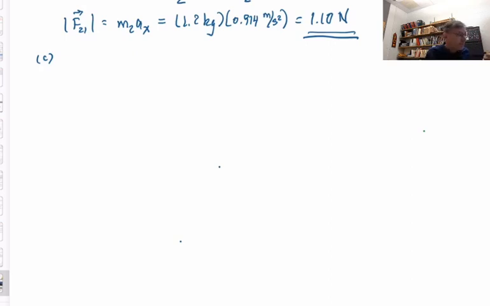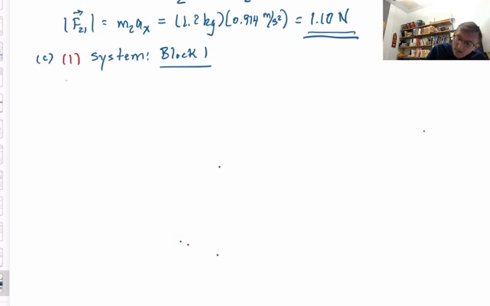Okay? All right. So now, first step, pick the system. It tells me in this part, doesn't it? Block 1 alone. It says, apply Newton's second law to block 1 alone. So, the system is block 1.